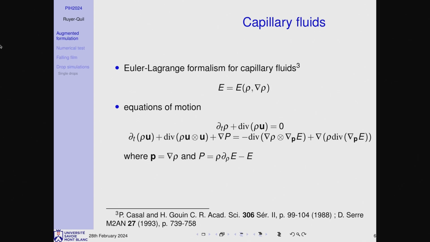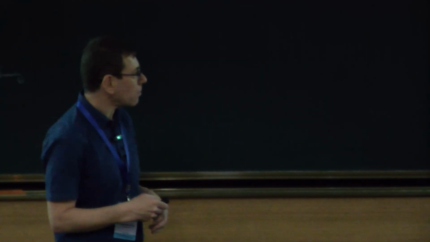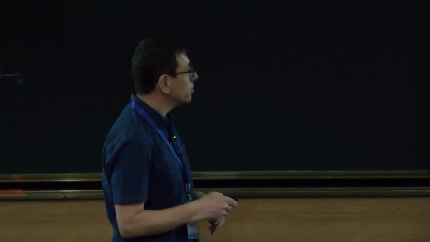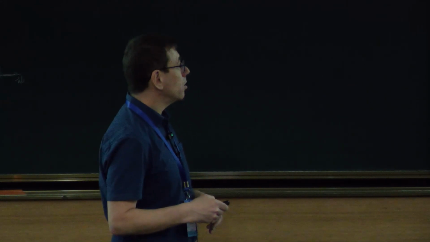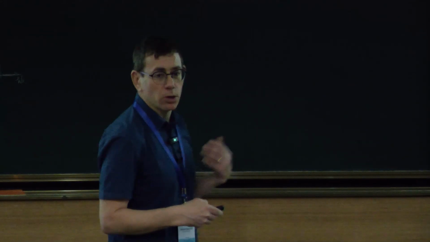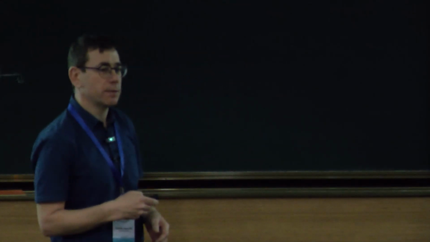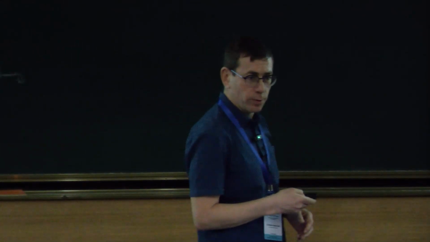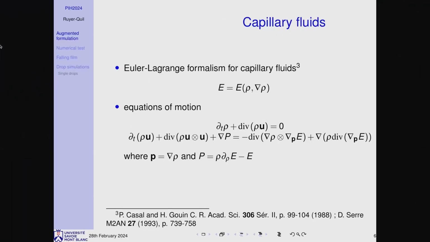These equations were derived by Dunn and Serrin, Casal and Gouin long ago. Here you also have a pressure term, which is simply the Legendre transform of the energy in this system. So this is the mathematical framework for capillary fluids.